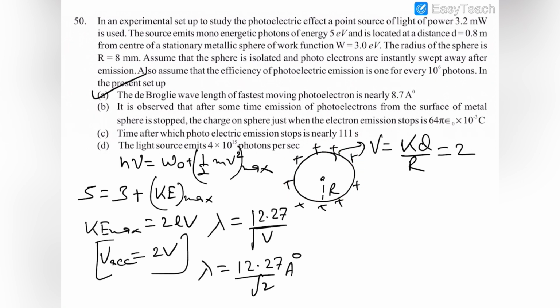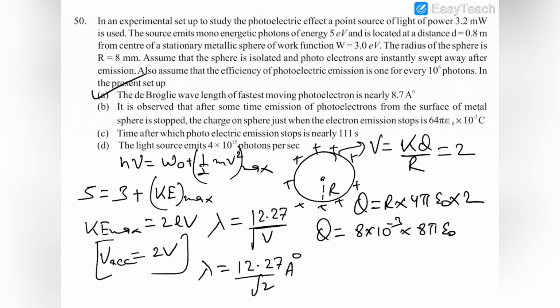So by this we can say that Q will be equal to R into 4 pi epsilon naught into 2. Now R is the radius of the sphere, which is 8 mm, so it is 8 into 10 raised to power minus 3. And this is 8 pi epsilon naught. Okay, so you can see that this is 64 pi epsilon naught into 10 raised to power minus 3.